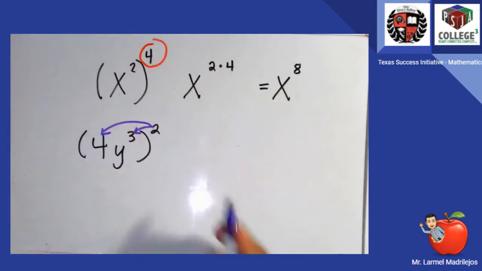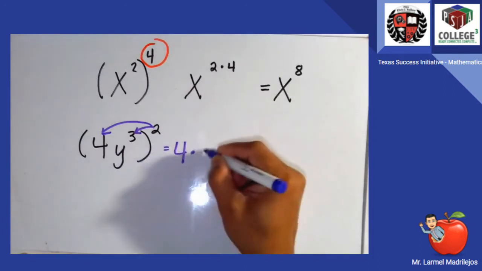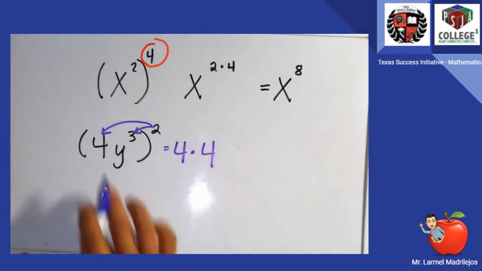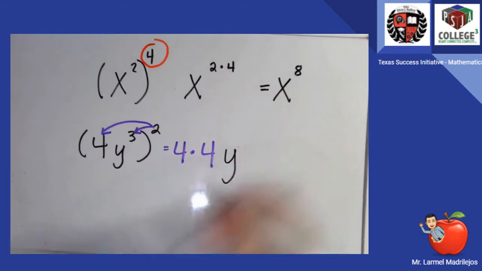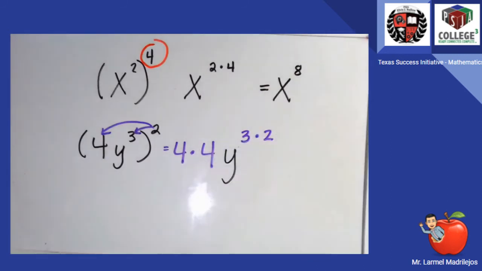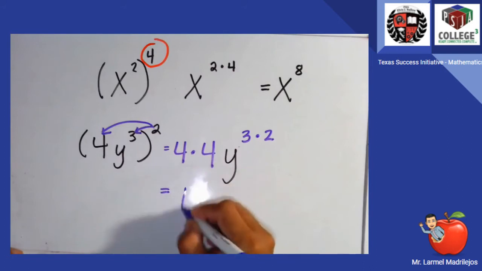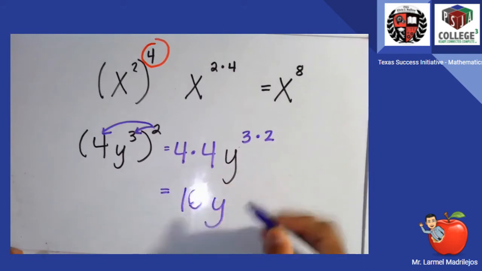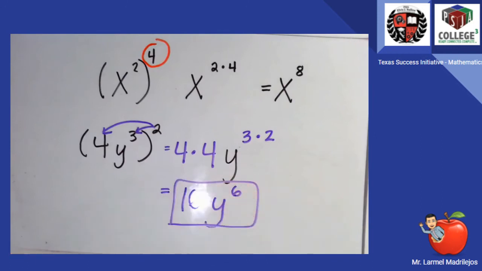So this is going to be 4 times 4, and the y, 3 times 2. So the answer is 4 times 4 is 16, and 3 times 2 is 6. That's the final answer.